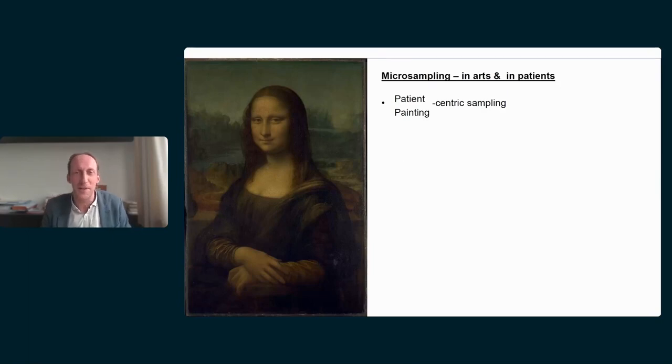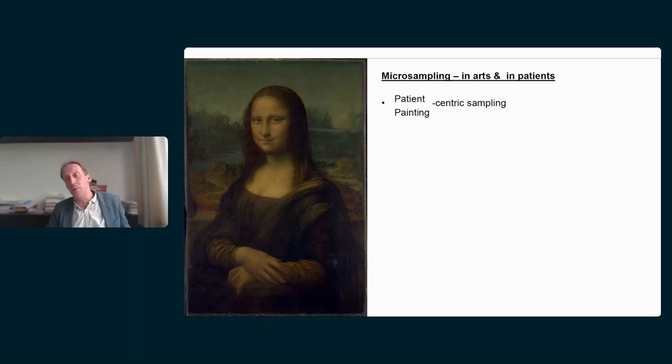Actually, there is a commonality between microsampling in arts and in patients, but it's not about the fingertip of the Mona Lisa. In a sense, what the authors of the JACS paper did and what we do can both be considered as some kind of centric sampling. On the one hand, painting-centric sampling, on the other hand, patient-centric sampling. And if we look at the Mona Lisa, obviously we could say that nobody wants to be responsible for ruining the Mona Lisa.